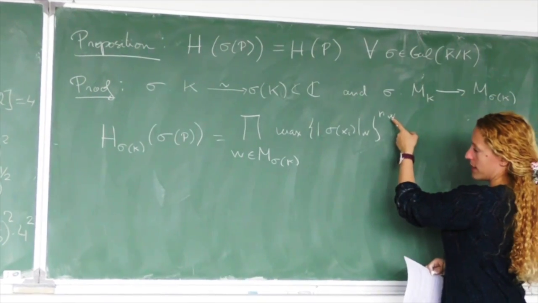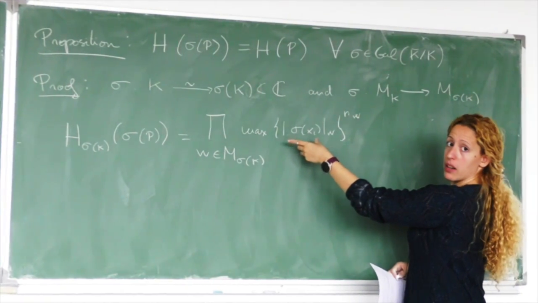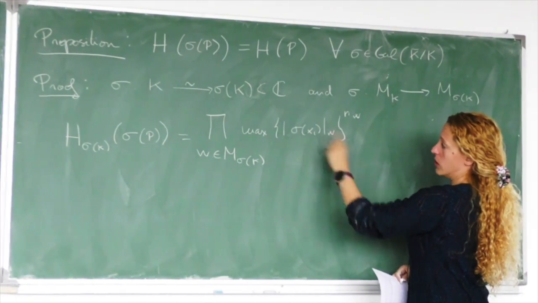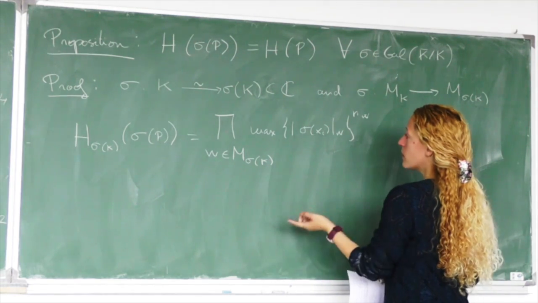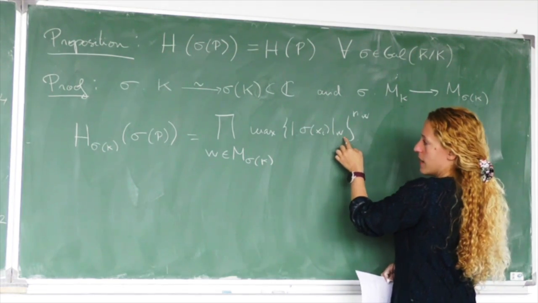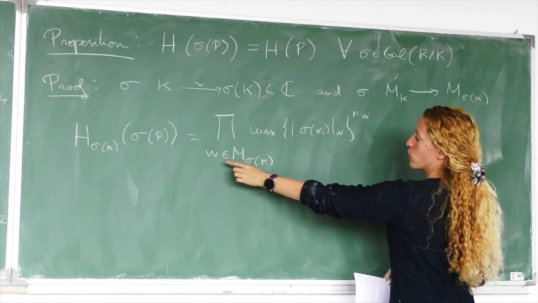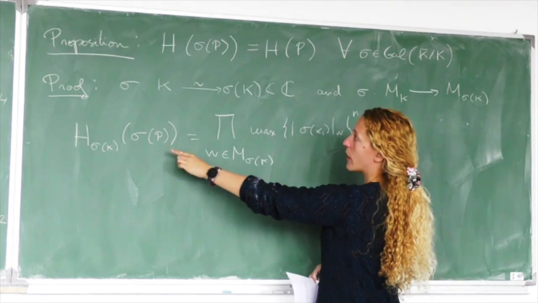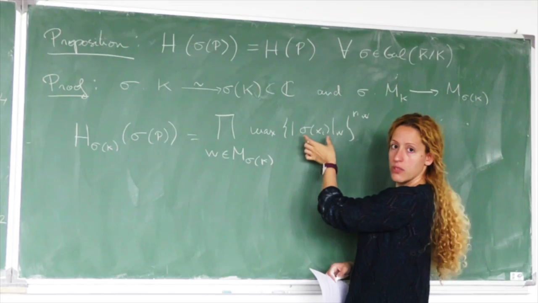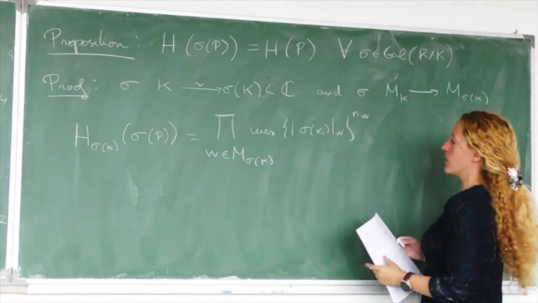This exponent is coming because here I took the absolute value, not the normalized one, and I have a valuation here. This is just the absolute value that corresponds to that valuation. And the coordinates of the conjugate point are the conjugates of the coordinates of P, by definition.